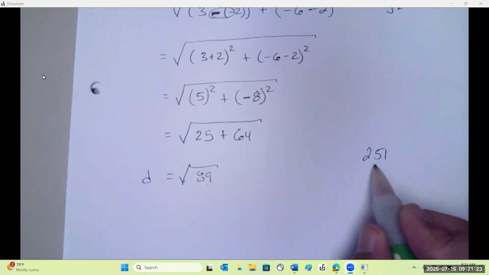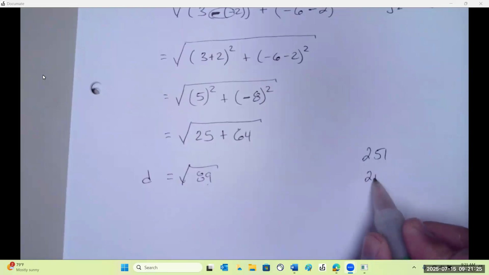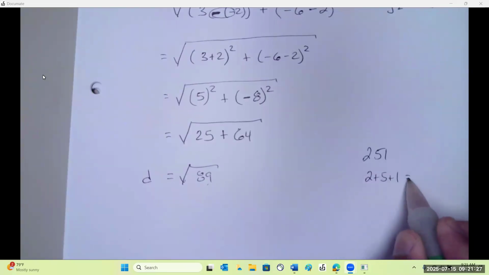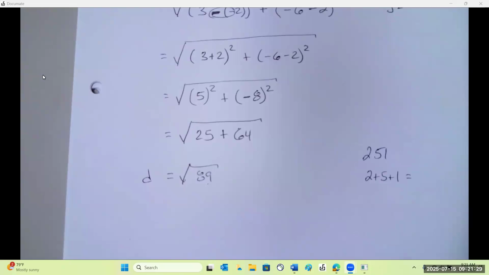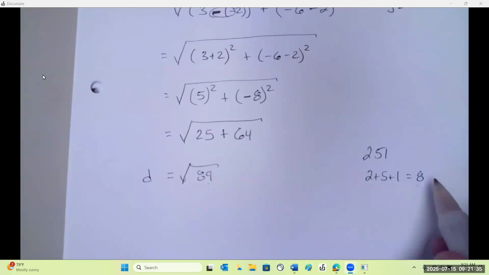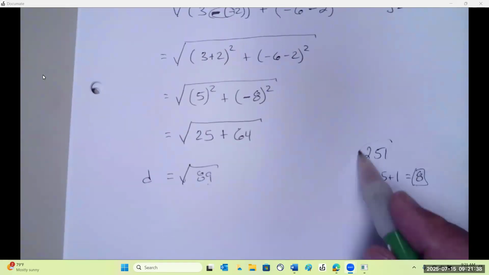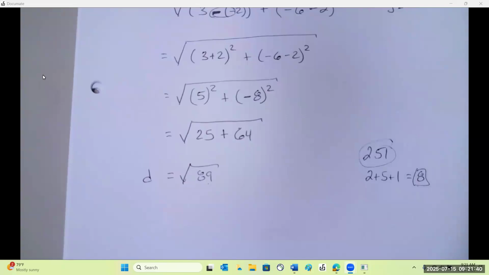How do I know that number is divisible by 3? If I take all these digits and add them together, what do I get? Is 8 divisible by 3? No. If this number is not divisible by 3, then this number is not divisible by 3. So 8 plus 9 is 17, not divisible by 3.